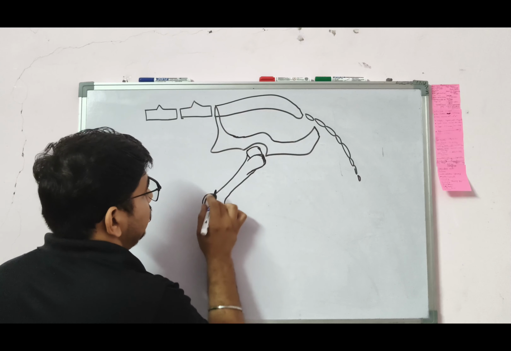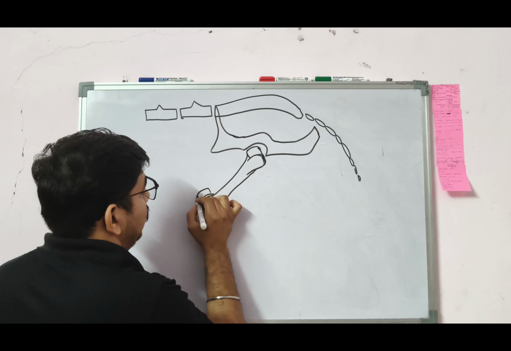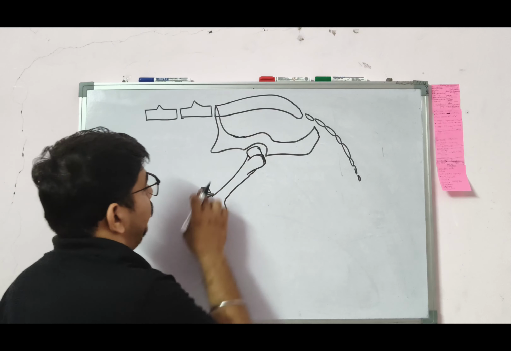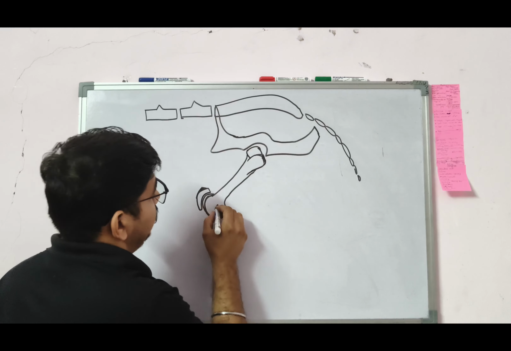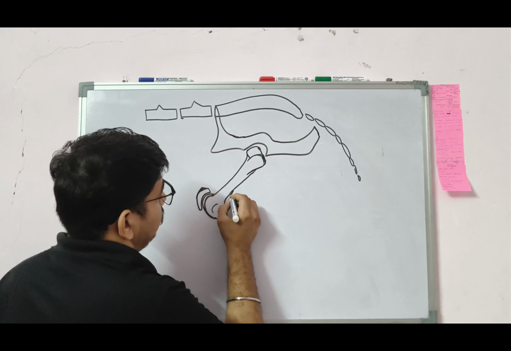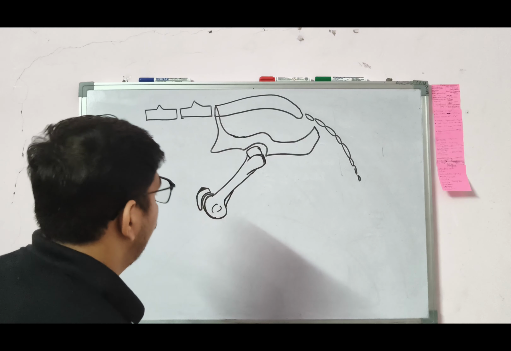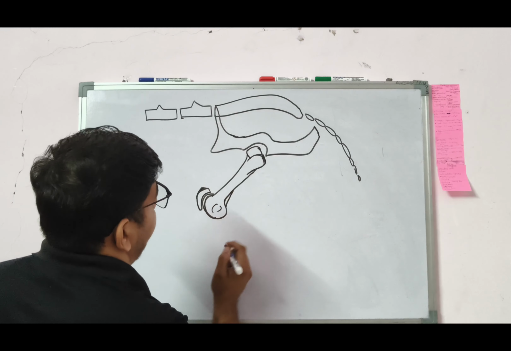This is the condyles. These are the trochlea, and here is the patella. Base is upward, apex is downward. This is the condyles. This is the supracondylar fossa on the lateral aspect.